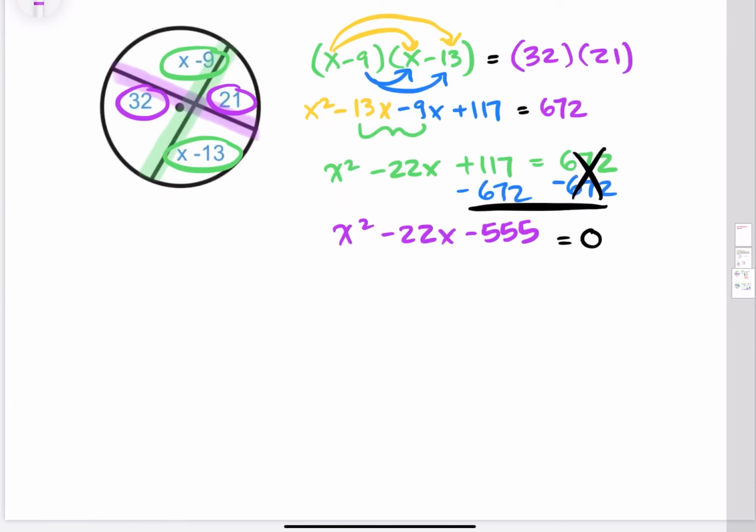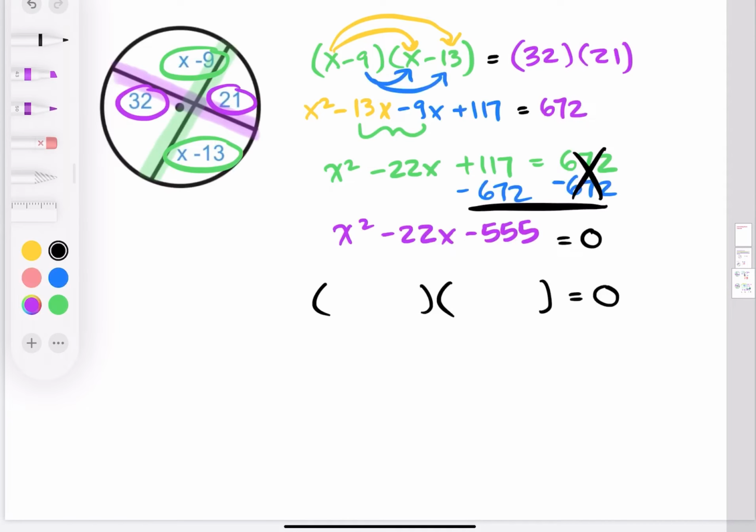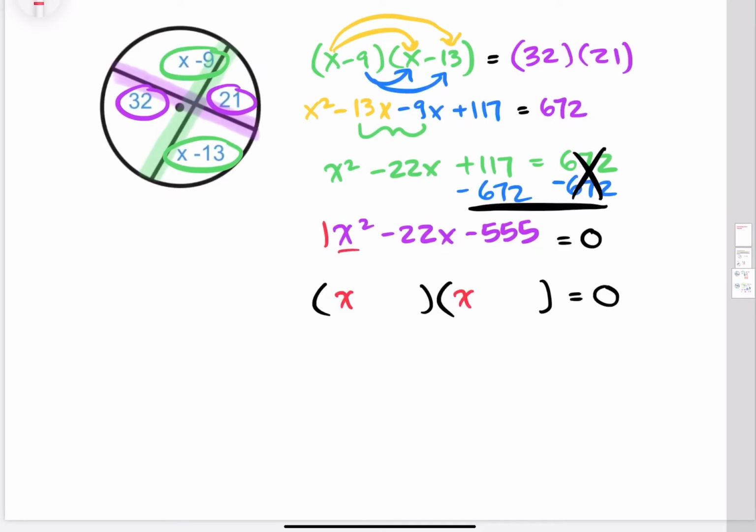All right. So when I'm factoring, I know that I'm going to get the format of two factors here. Something times something is going to get me that trinomial, which is all equal to 0. And I do know that in the beginning, since the leading coefficient here is 1, I'm going to have an x here and an x here, because x times x is going to get me that x squared.